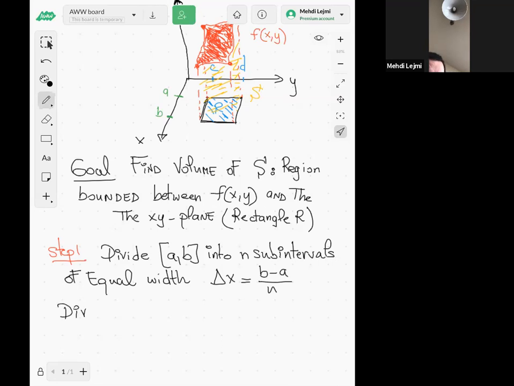The same for the interval CD. We're going to divide CD into n subintervals of equal width.